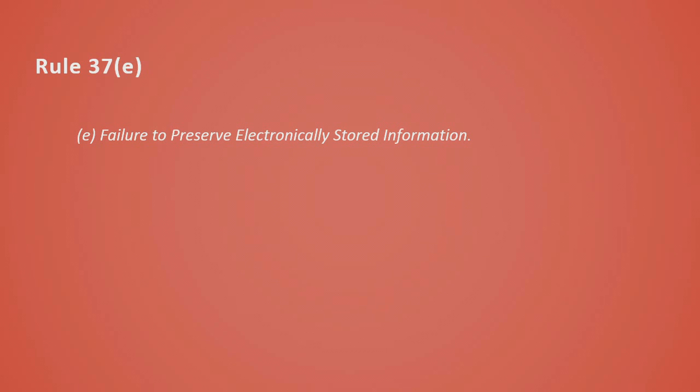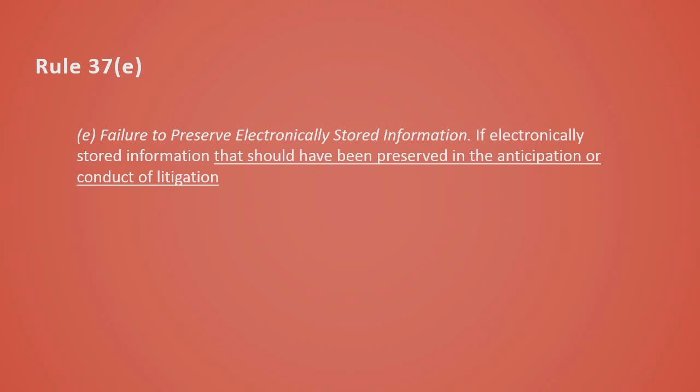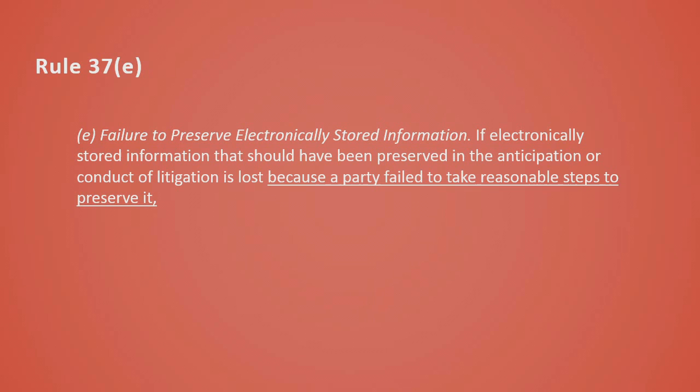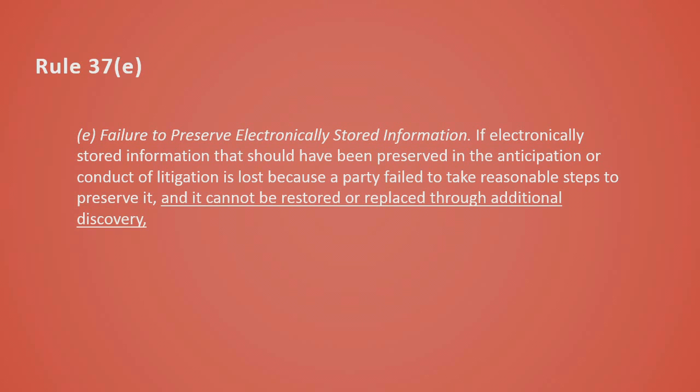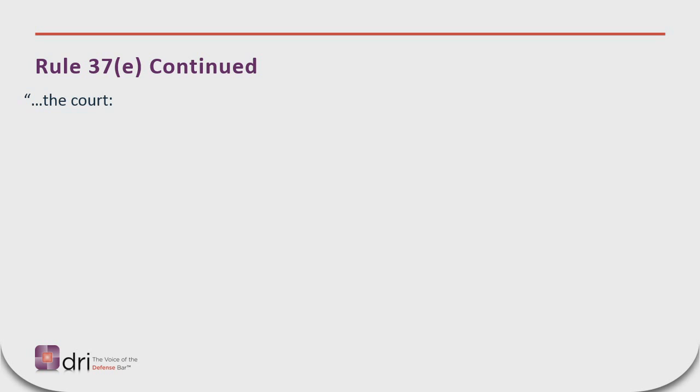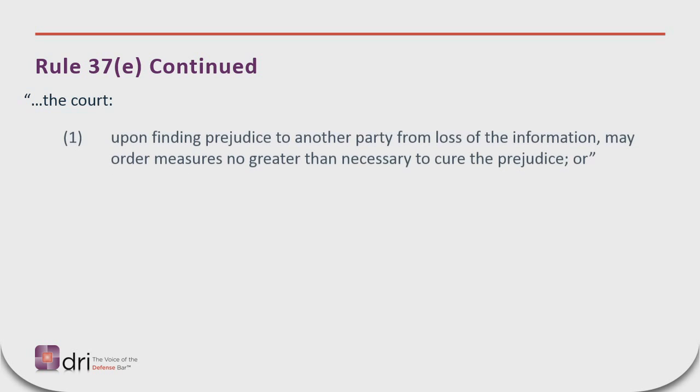It deals with the failure to preserve ESI, and the rule states that if electronically stored information that should have been preserved in the anticipation or conduct of litigation is lost, and that's one of the keys, because a party failed to take reasonable steps to preserve it, and it cannot be restored or replaced through additional discovery, then the court has the following powers.